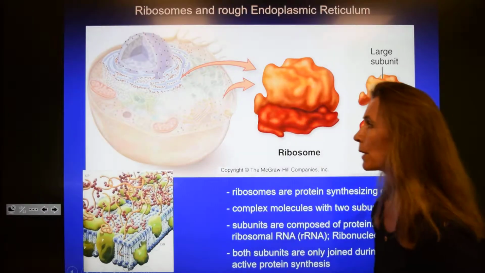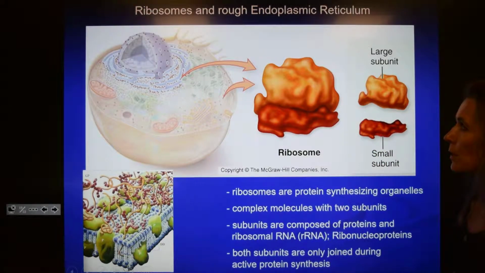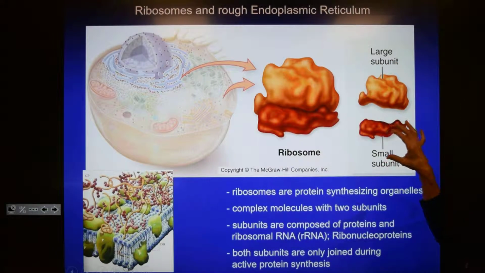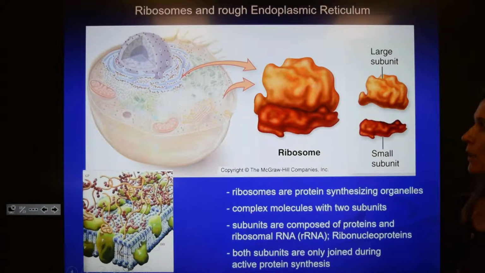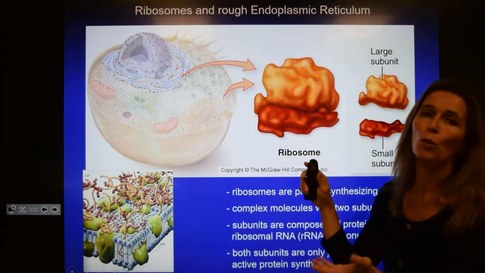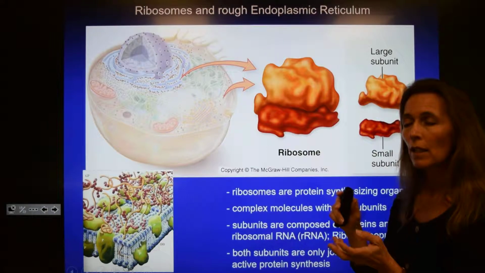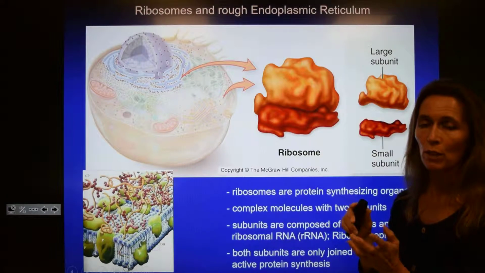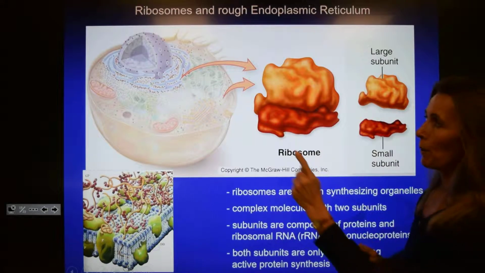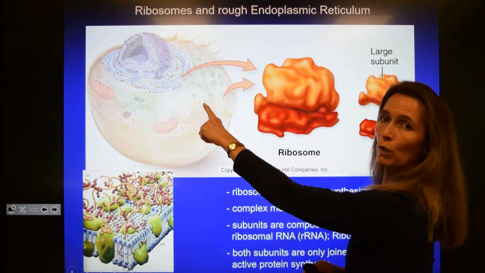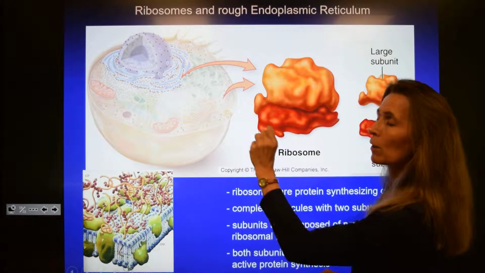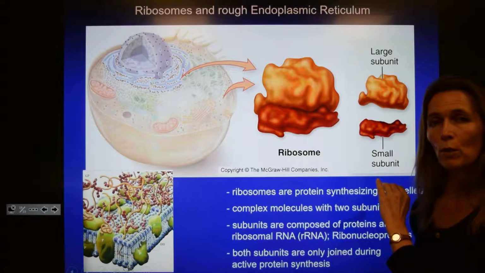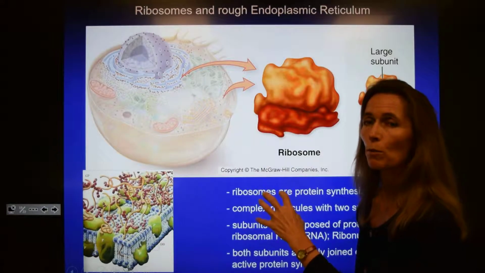Ribosomes consist of two subunits, a large subunit and a small subunit. And these two subunits only come together when the protein is actually translated at the rough endoplasmic reticulum. So the messenger RNA is transported out of the nucleus and is then, depending on what kind of protein it encodes for, either guided to the rough endoplasmic reticulum or it remains in the cytoplasm.